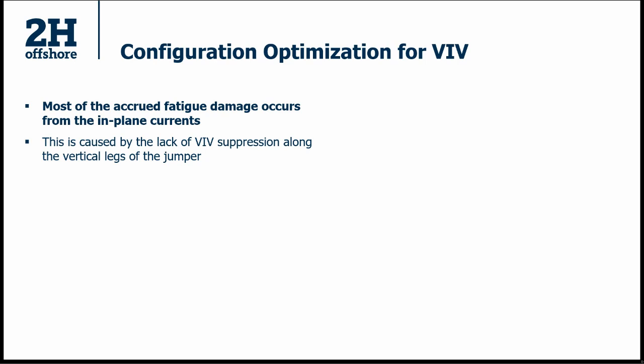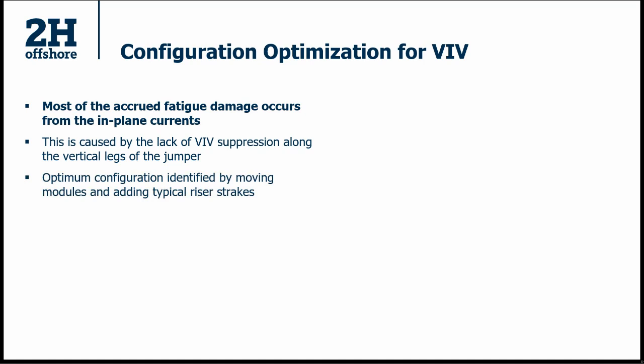The main reason is that we didn't have any suppression on these vertical legs, so the easiest solution would have been to recommend adding strakes or buoyancy modules on the vertical legs of the jumper and solve the problem.